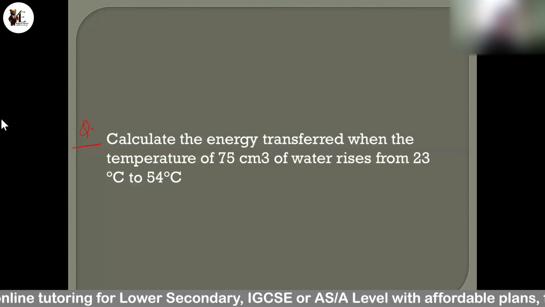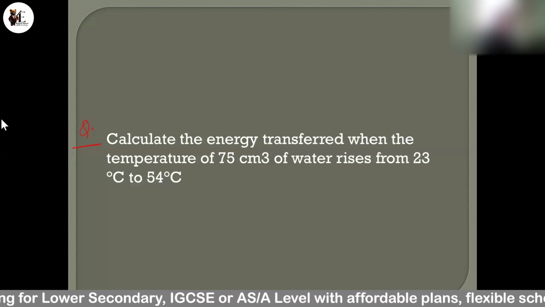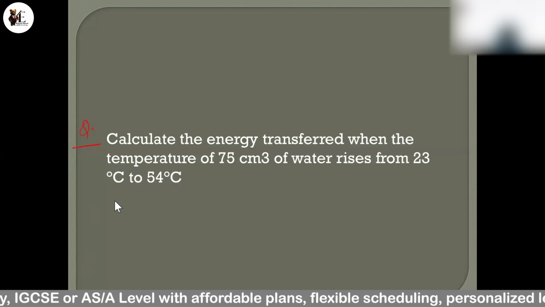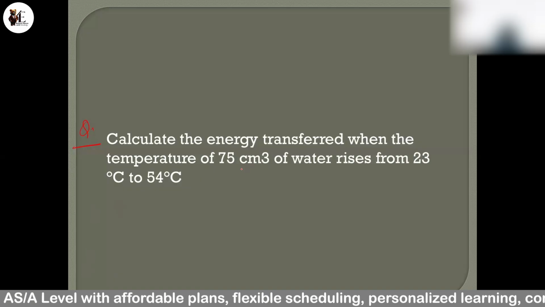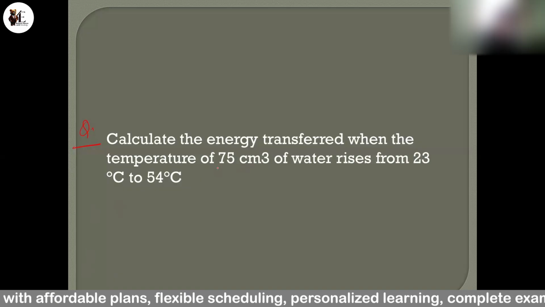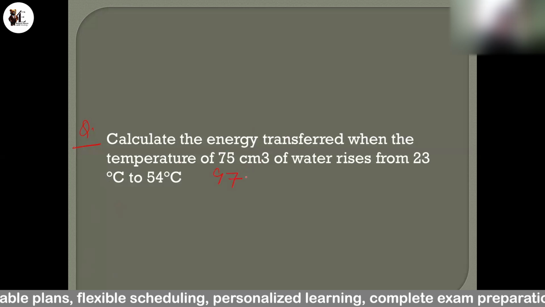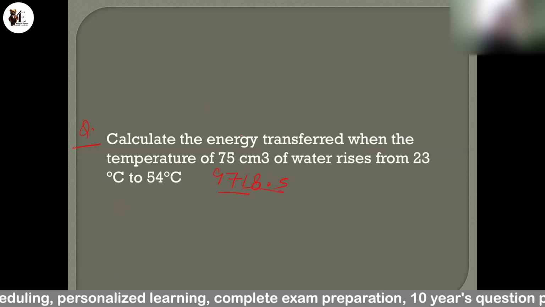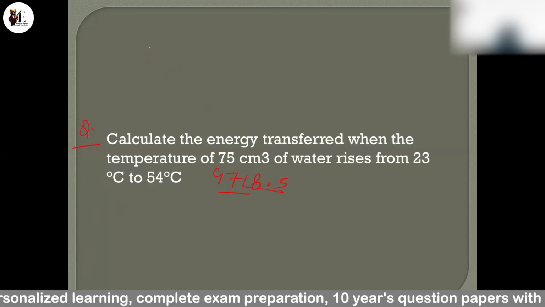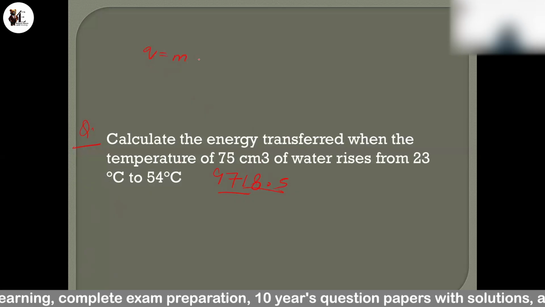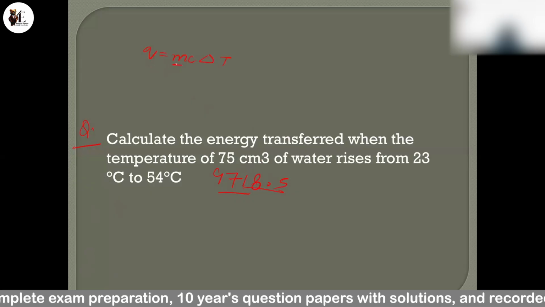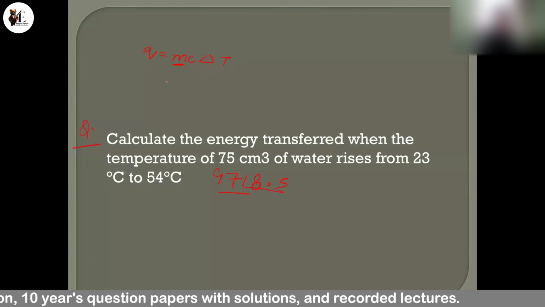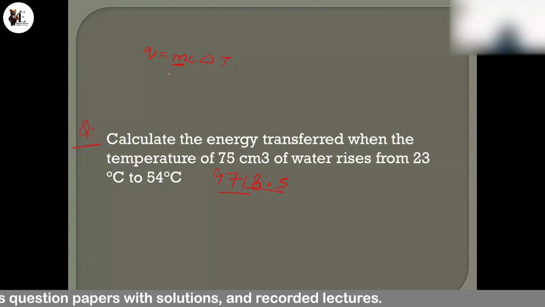The answer is 9,718.5. Calculated using the formula Q is equal to mc delta T. What is the value of m you have substituted? 75 grams.